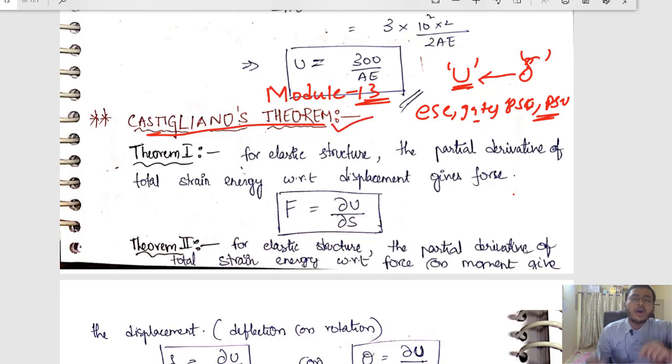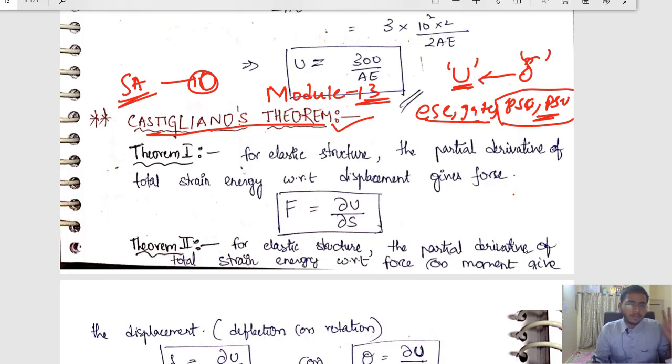Because this question comes almost every year. If you are studying structural analysis, by default there will be one question in almost all examinations related to Castigliano's theorem. It can be a problem or a direct theory question. In PSC and PSU exams it is direct theory, whereas ESE and GATE might ask problems from this theorem.